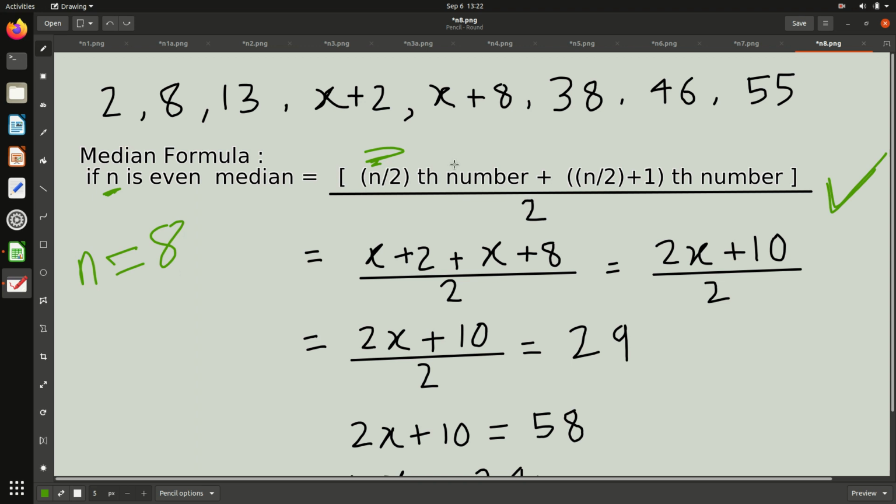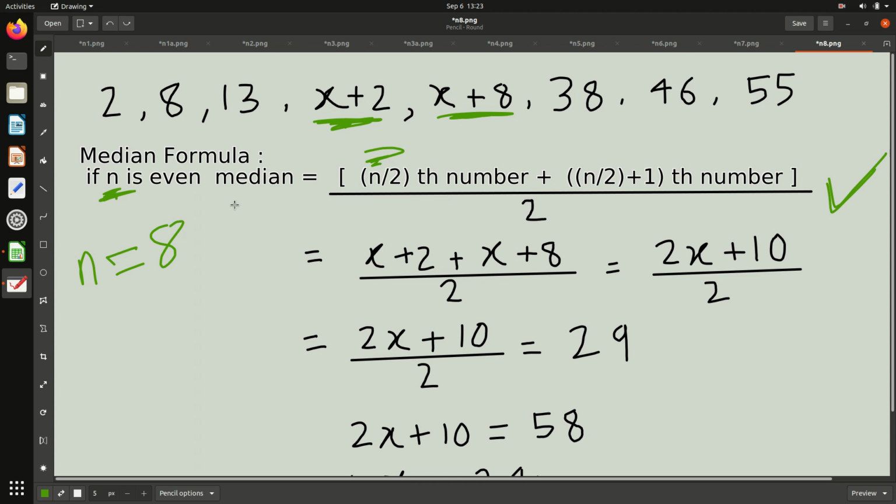So the 4th term, plus n by 2 plus 1, which is 4 plus 1, 5. So the 4th term plus the 5th term by 2. This is the formula: in median, we find the n by 2th term plus the n by 2 plus 1th term, divided by 2, if n is even.